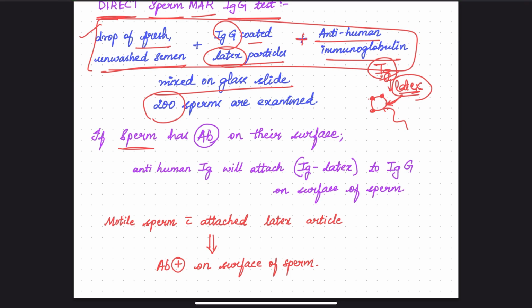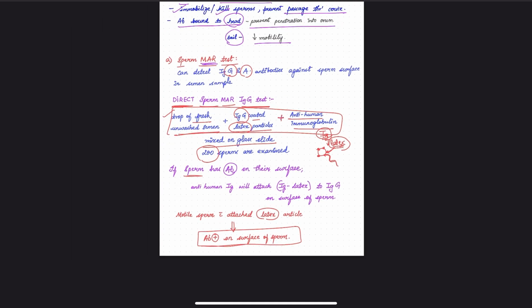So, whenever under microscope you find a motile sperm with attached latex particle, that indicates the sperm has antibodies on their surface. It is proven that antibodies are present on the surface of sperm if at all latex is attached to it. This is a direct sperm MAR IgG test.